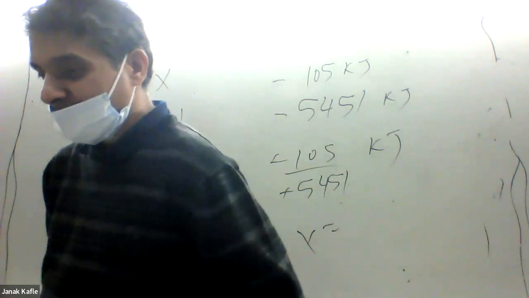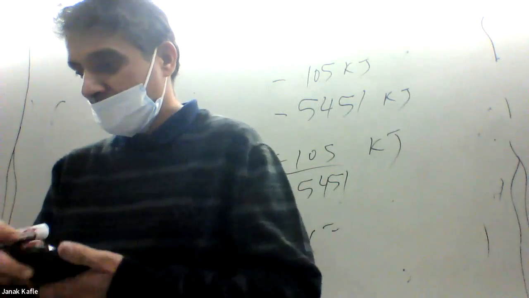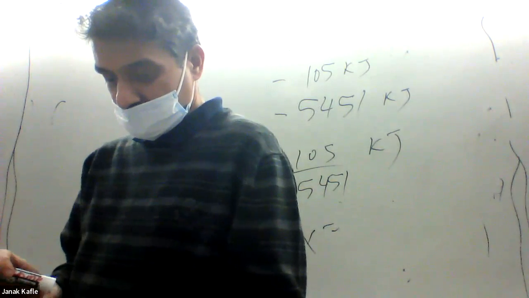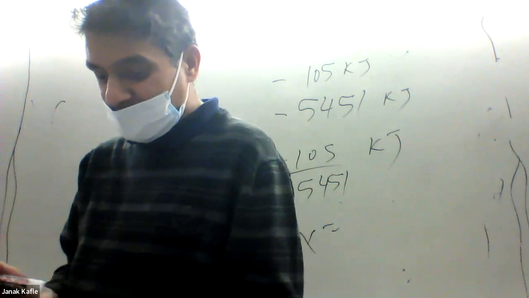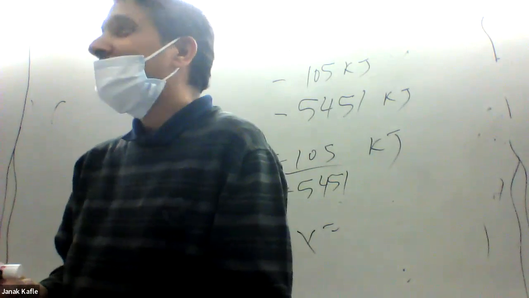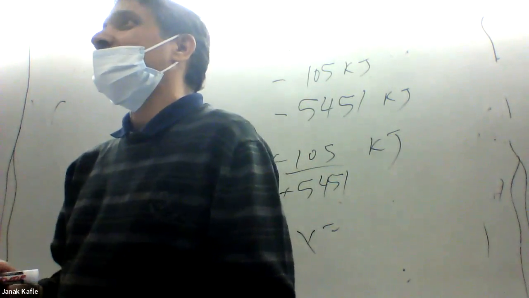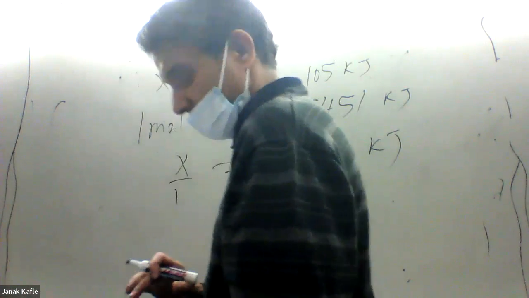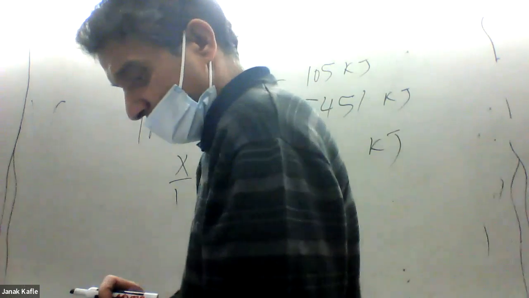I have not written it here, so I'm going to write it. Both are minus. If you didn't see a minus before those numbers, that should be minus. Everyone got that? So this is 105 divided by 5451.